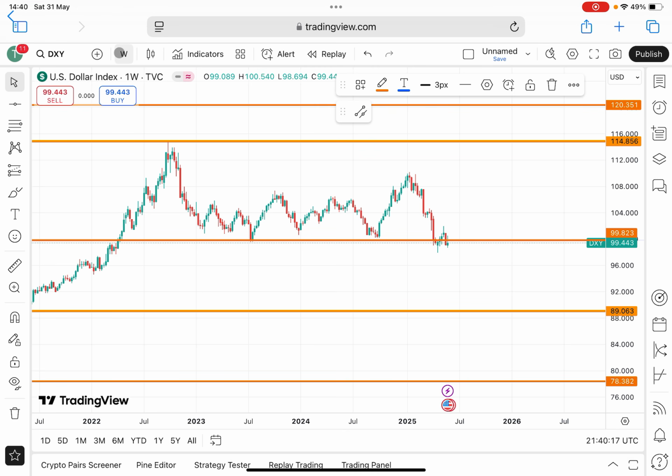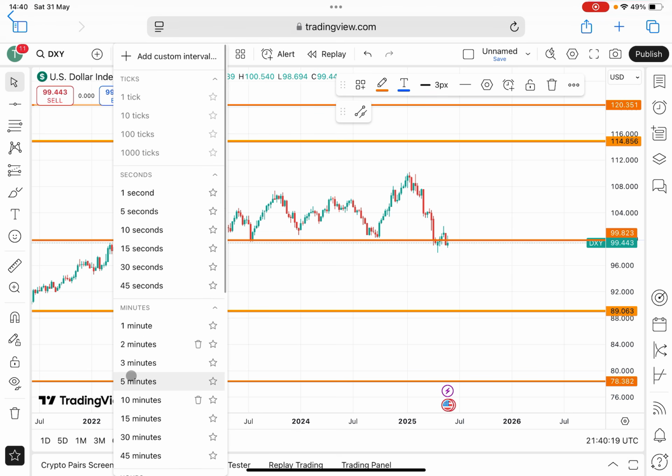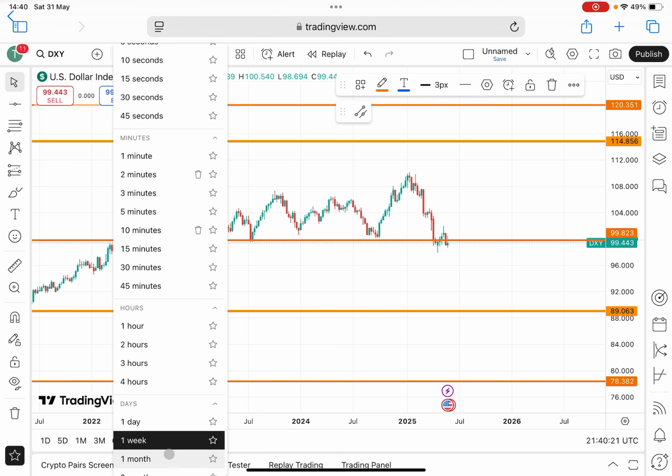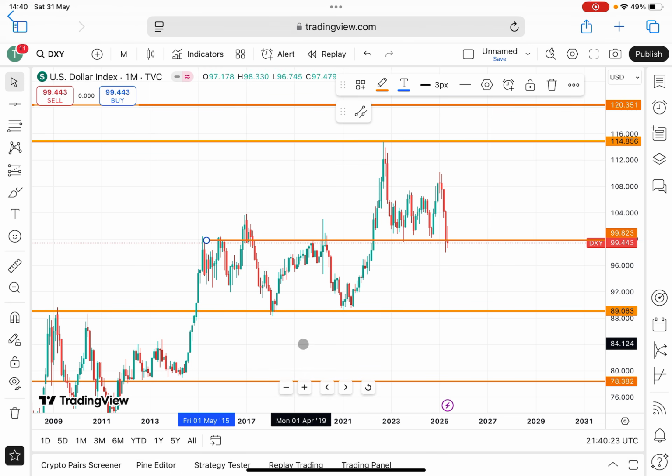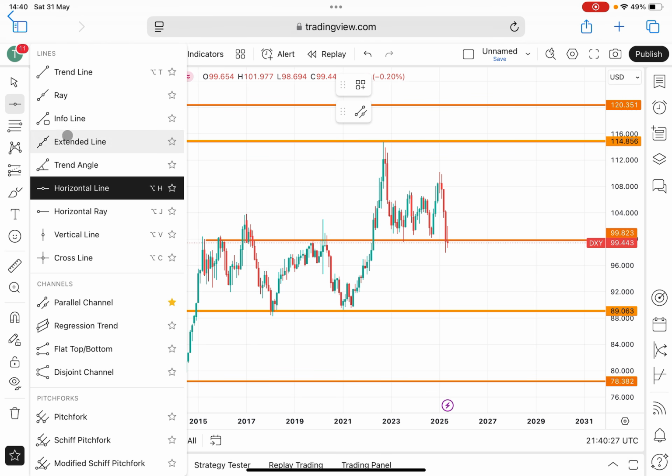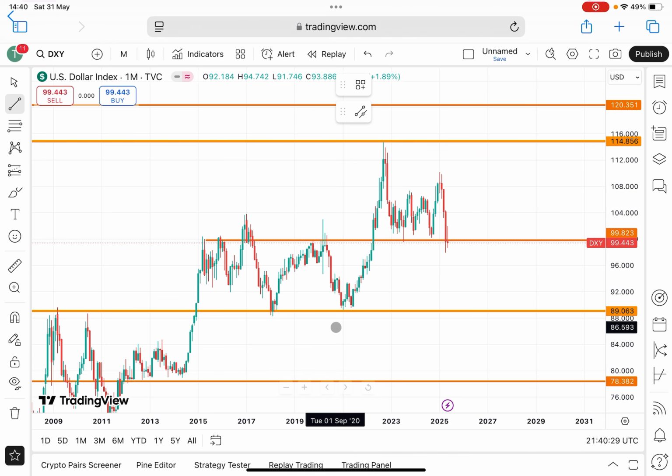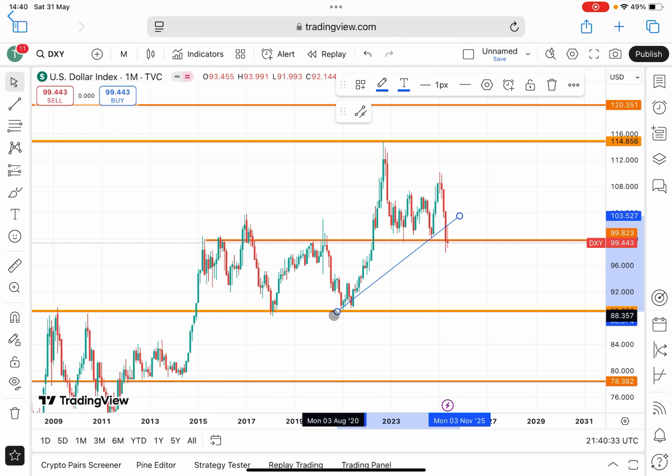And even on the monthly, we can do something to confirm our bearish bias. We can use the trend line. So we can use the trend line, and then we can see that the market broke out from this support right here.